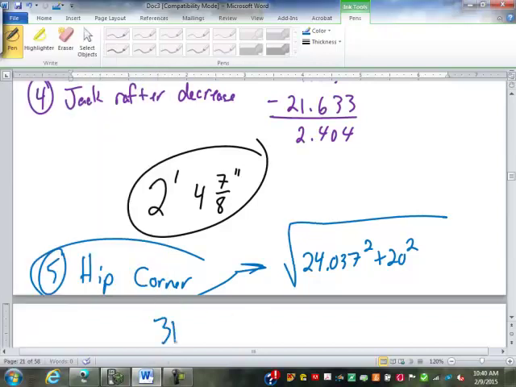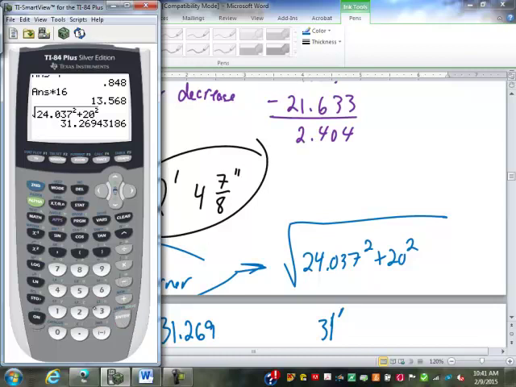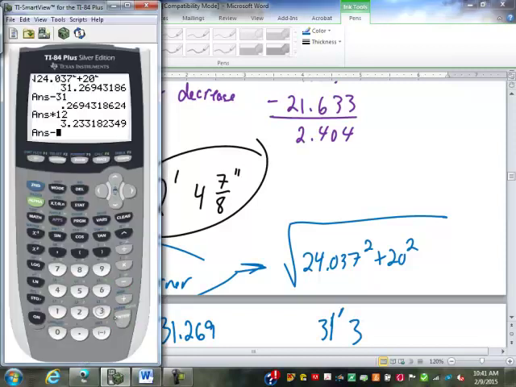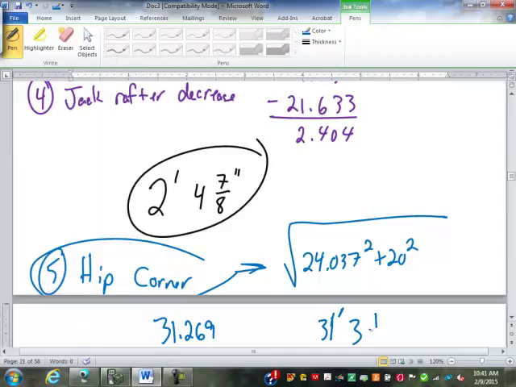31.269. So, of course, that's 31 feet. We subtract the 31, times 12, 3 inches. Subtract the 3, times 16, 3.74 or 4/16 or 1/4 inch.